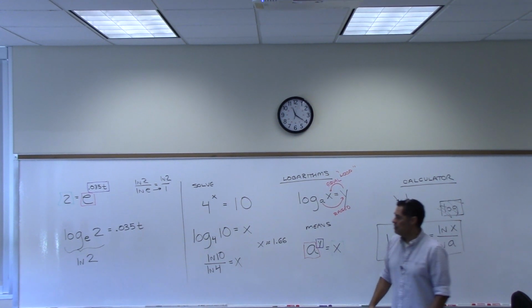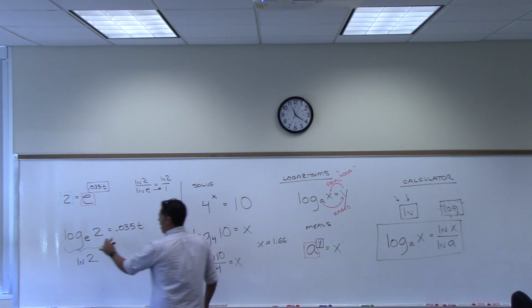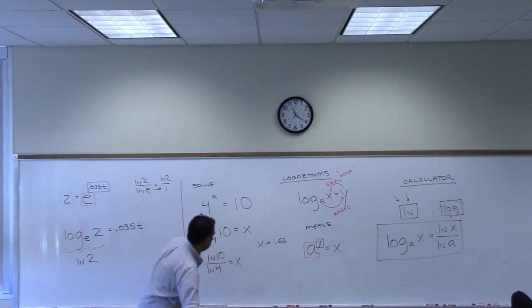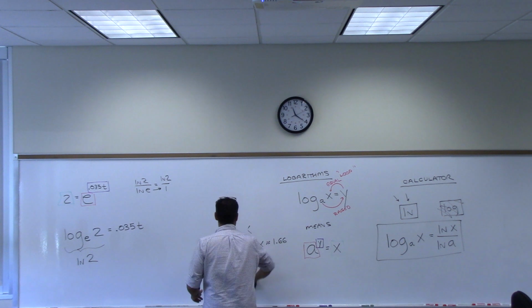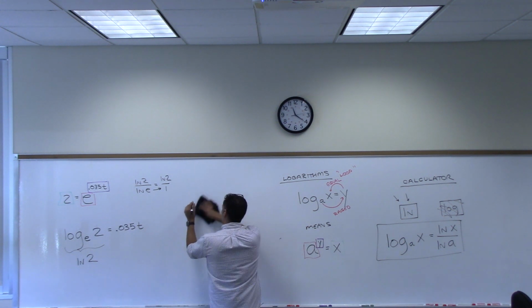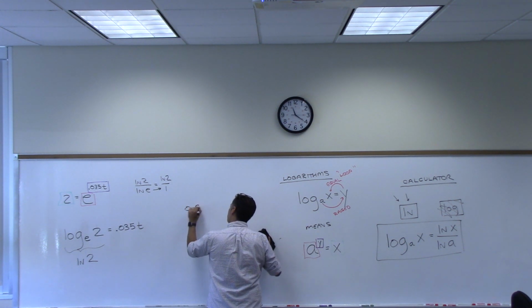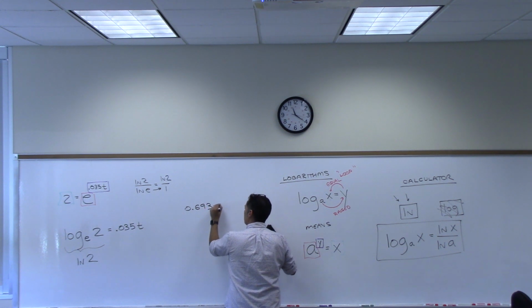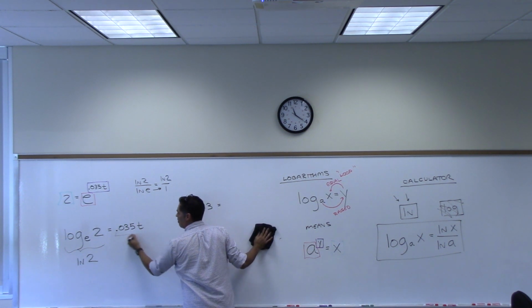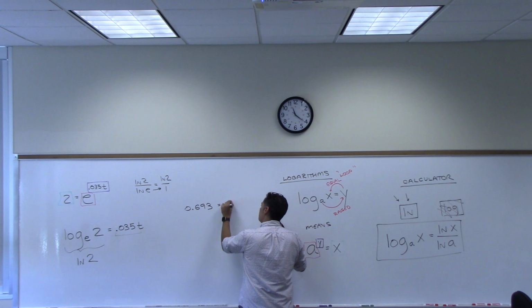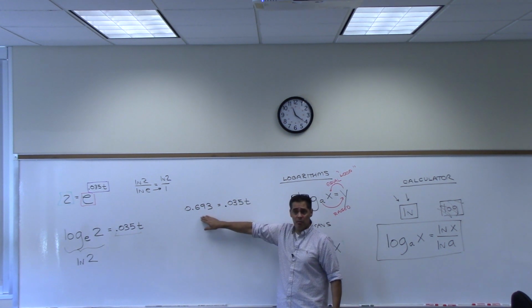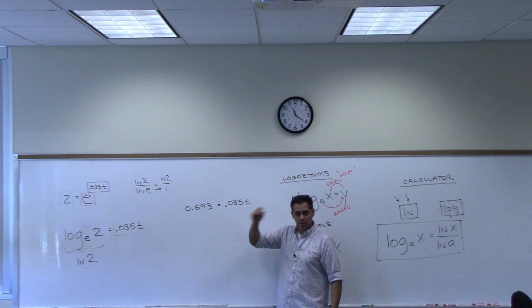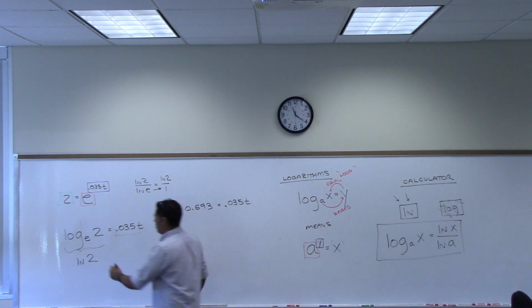So the left side becomes 0.693 equals, now we still have this here, 0.035t. Anybody have a question on how we got this decimal?